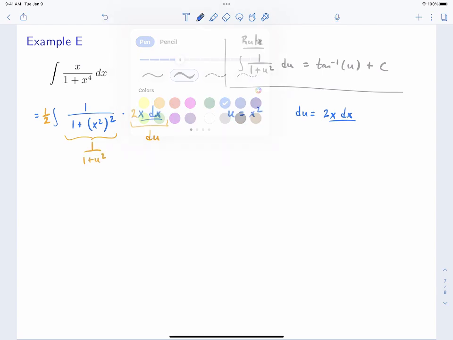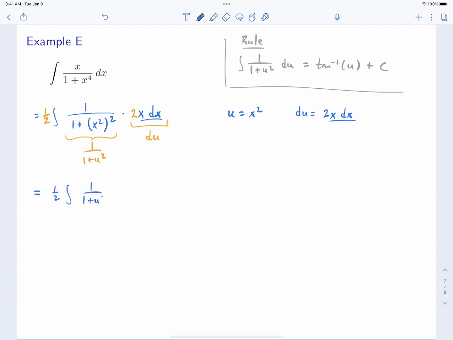So now, if I just rewrite this, I'm going to have 1/2 times the integral of 1 over 1 plus u squared du. And this is exactly the integral that I wanted. So I can use my inverse tangent rule, and this will become 1/2 inverse tangent of u plus a constant of integration.